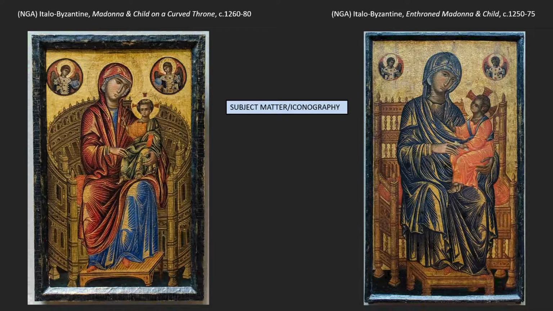In this case, the subject matter in both of these is exactly the same, and even closer to the same the closer we look. We have the Virgin Mary at a Catholic institution, the earthly mother of Jesus, who is sitting on her lap.